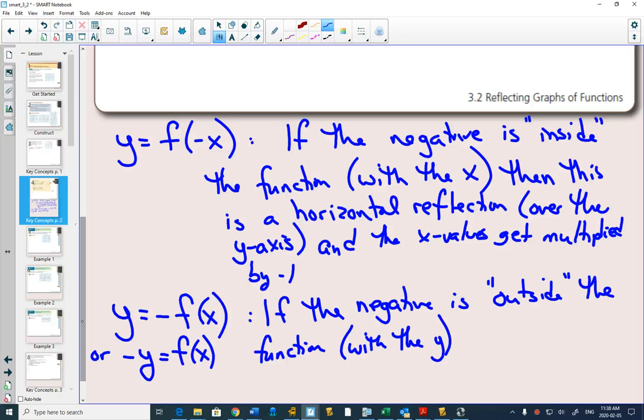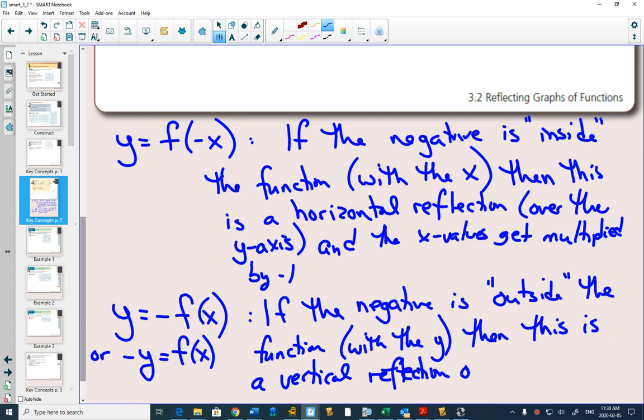If that negative is outside of the function, then this is a vertical reflection. That's flipping it over the x-axis.